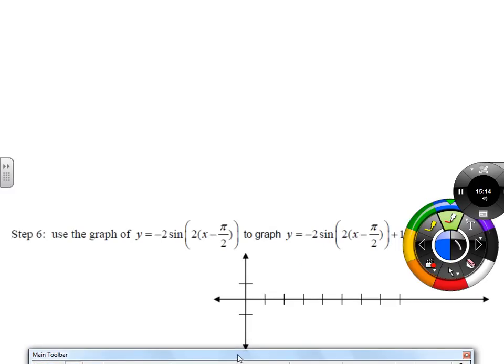So I'm going to scale my axis again by 4. I wrote the numbers across there so you can see, but obviously they're not lined up that nice.